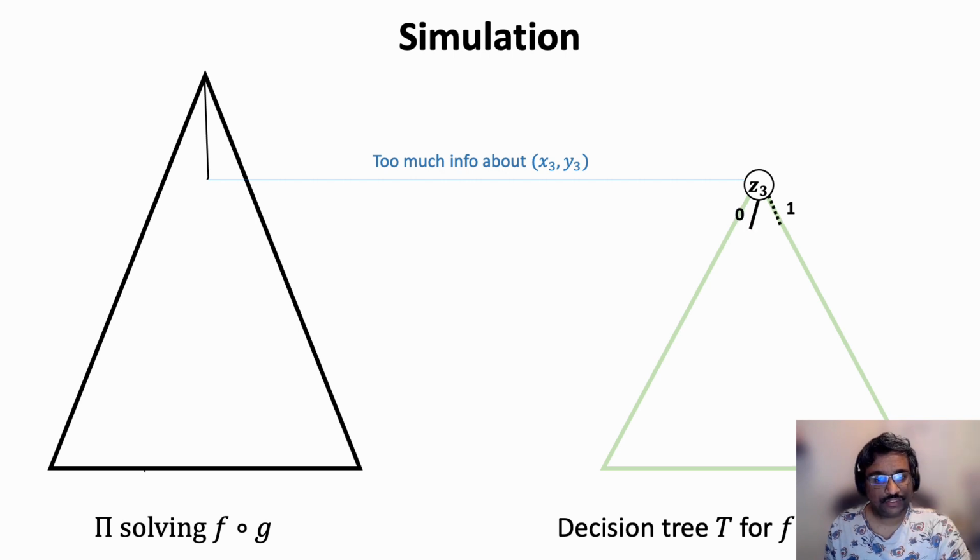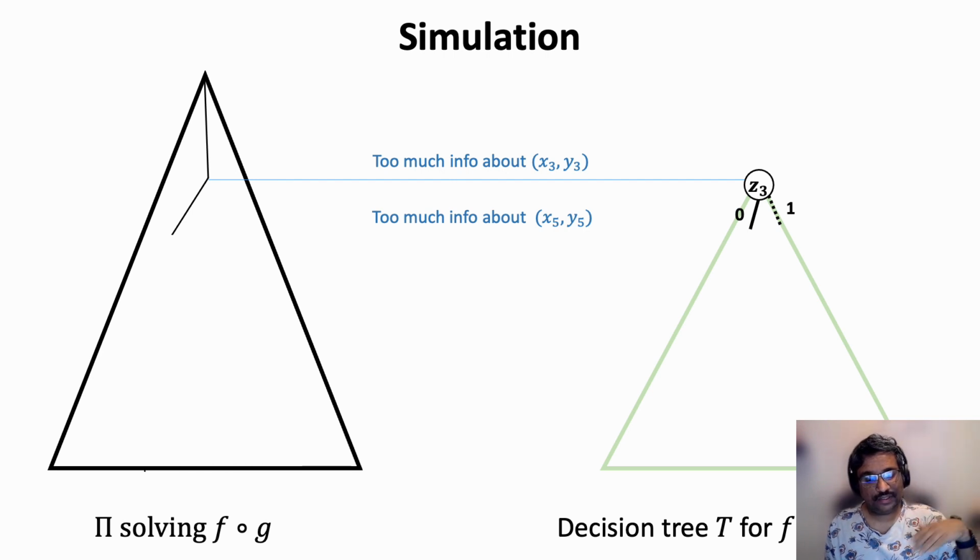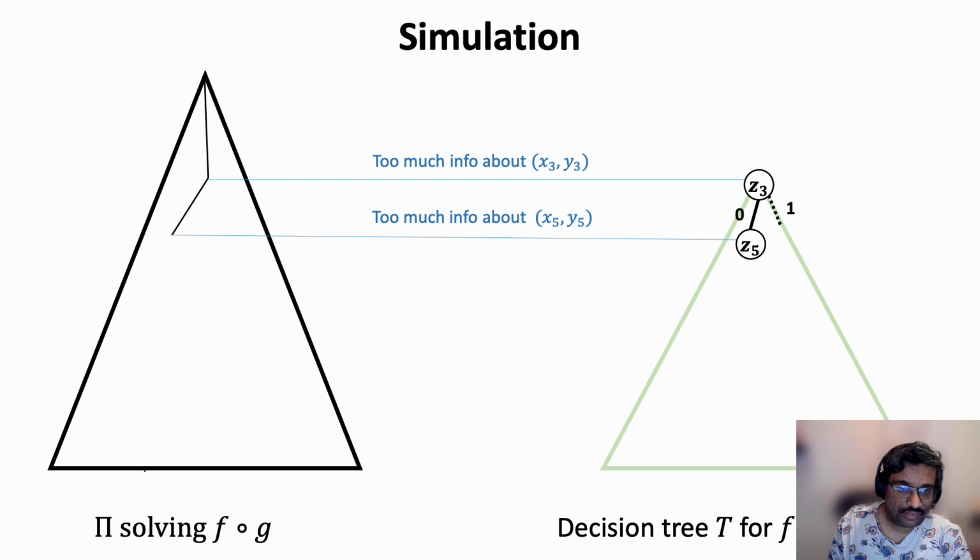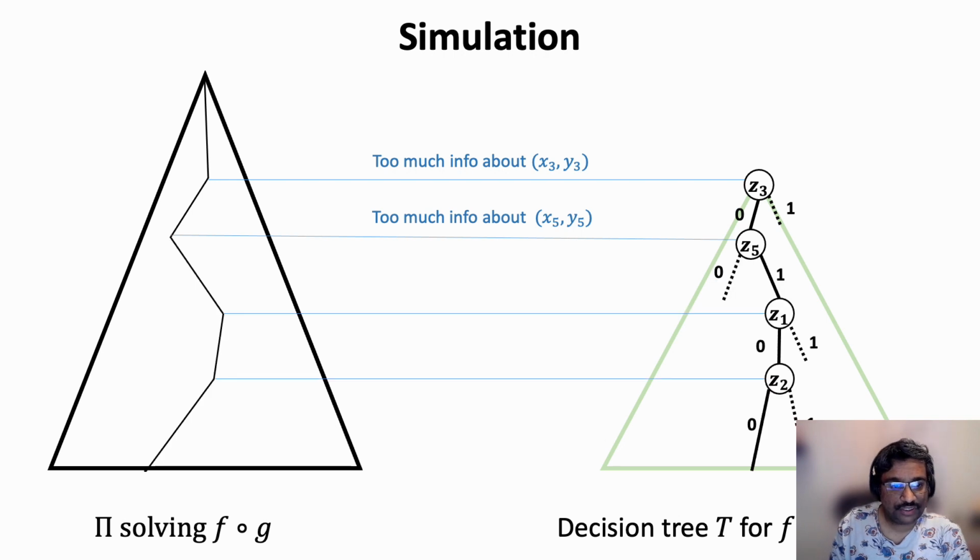And based on the query answer that we get, we continue the simulation until some other set of variables become revealed in terms of the amount of information Alice and Bob have learned. At that point, we query that variable, and we continue the simulation until we get to a leaf node of the protocol. At the leaf node, the players know the value of f composed g, and looking at that value, we can decide the value of f for the decision tree. So this is the high-level idea behind the simulation.